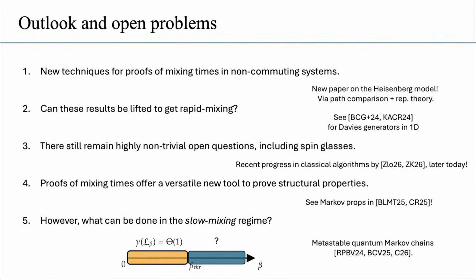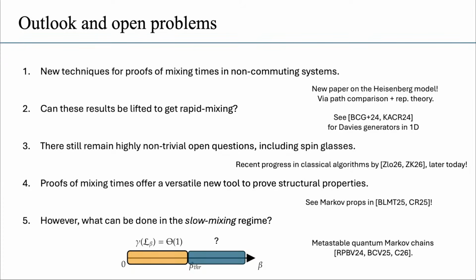Taking a step back, even if you don't believe that proofs of mixing times give new quantum simulation algorithms, or if you don't believe that perhaps these are genuine microscopic models of nature or just quantum simulation algorithms, they do nevertheless offer a really versatile new approach to proving structural properties for Gibbs states.